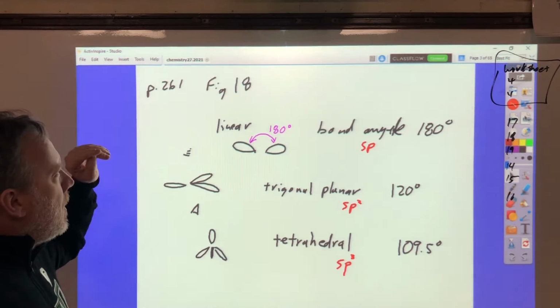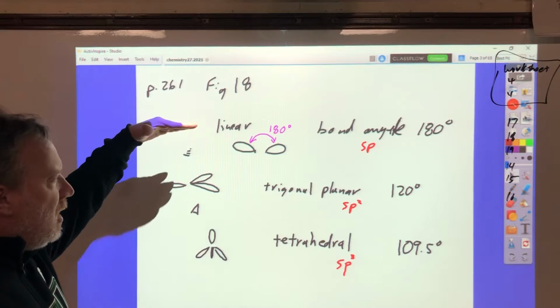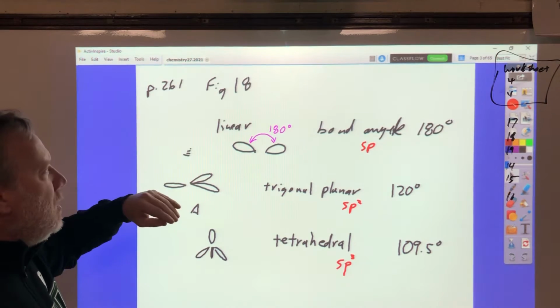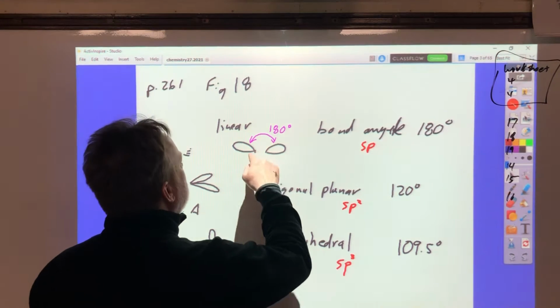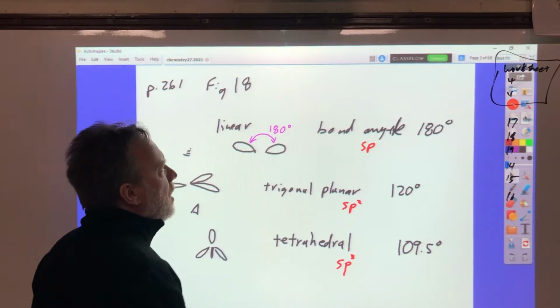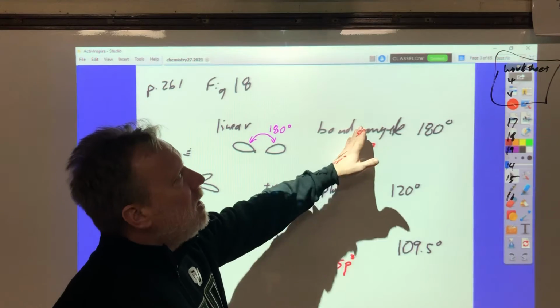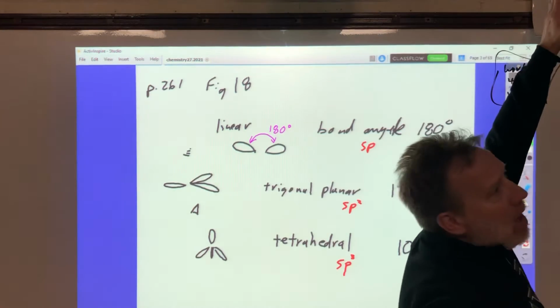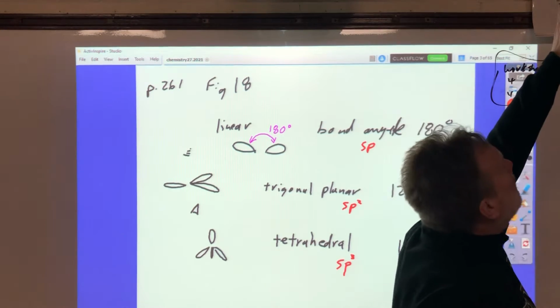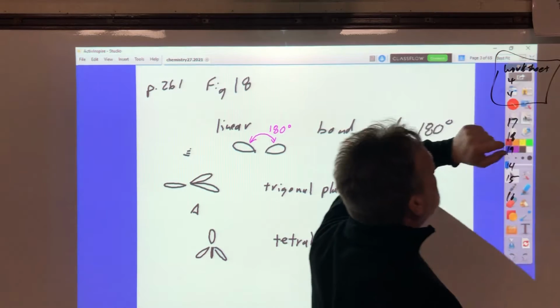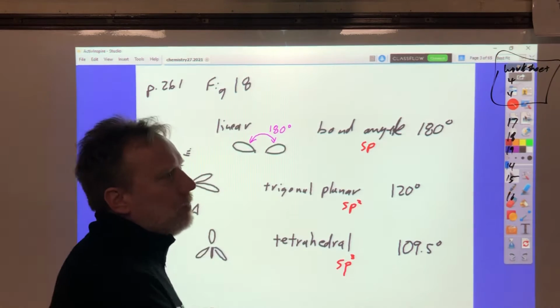But at the bottom of that page, they show the result of a hybridization, and you could have two orbitals. In this case, they'll be sp orbitals. In this case, it'll be something in the alkaline earth metals, beryllium, magnesium, or calcium, or strontium. That's a central atom.